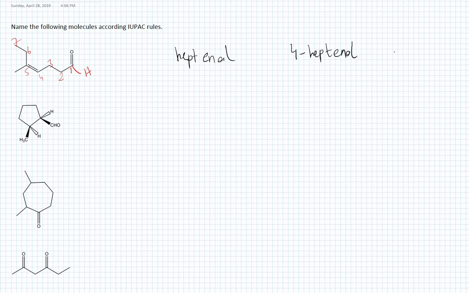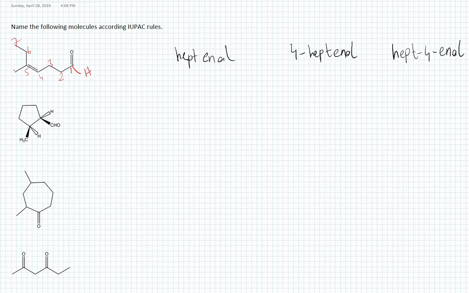According to the new naming system we can write hept-4-enal. So basically 4 refers to the presence of a carbon double bond, an alkene functional group. So hept-4-enal or 4-heptenal, both of them are correct naming.